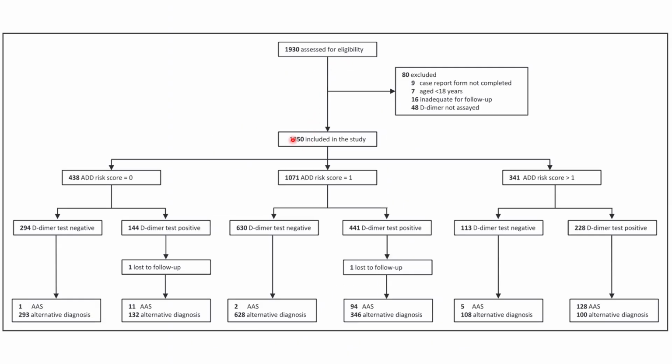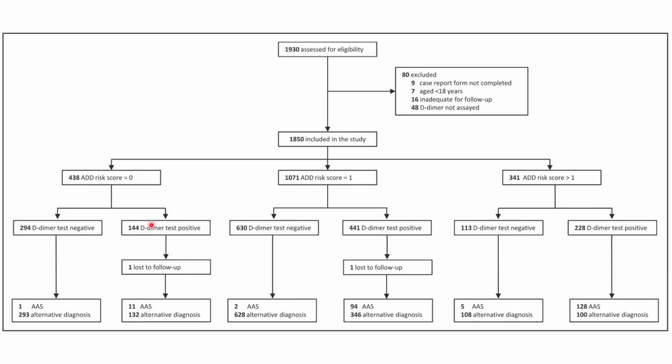So here they did exclude some patients, and you can see the reasons here. Of these patients, with an ADRS of 0, there were 430 who did not have any high risk pain features or any other of these features. But they did the D-dimer test, and one of these had a dissection, but most of them didn't have any.